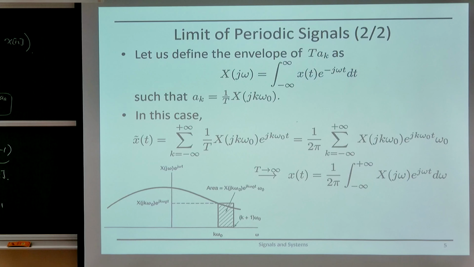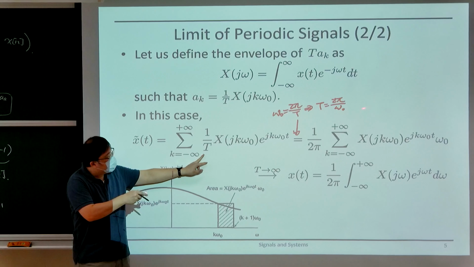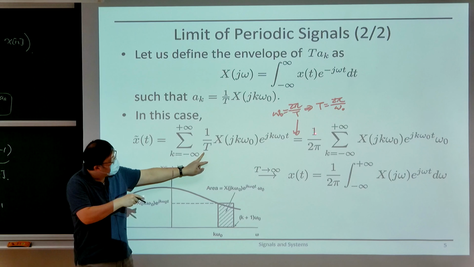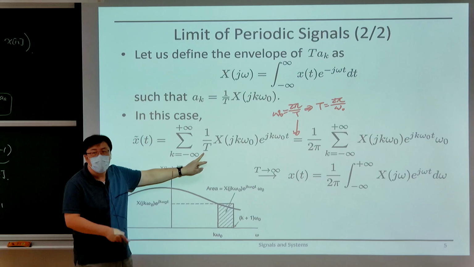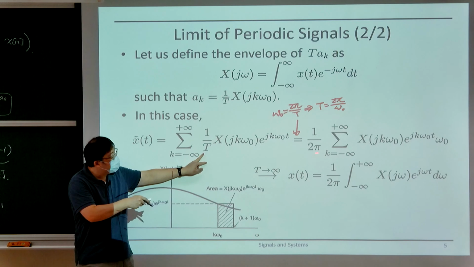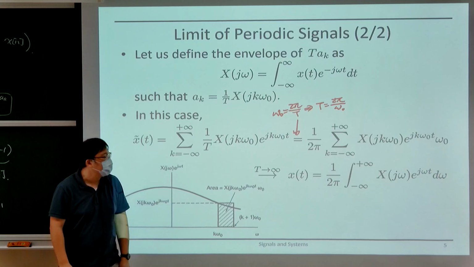Now, by the fact that omega naught is equal to 2 pi over T, or equivalently, T is 2 pi over omega naught, if you plug this inside here, what you get is 1 over 2 pi times omega naught. I'm substituting this inside T, and this will give me 1 over 2 pi times omega naught, and everything else is the same.